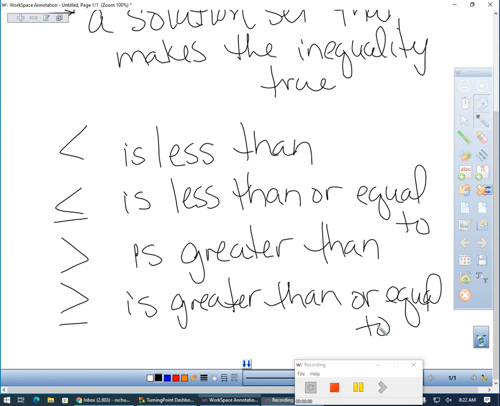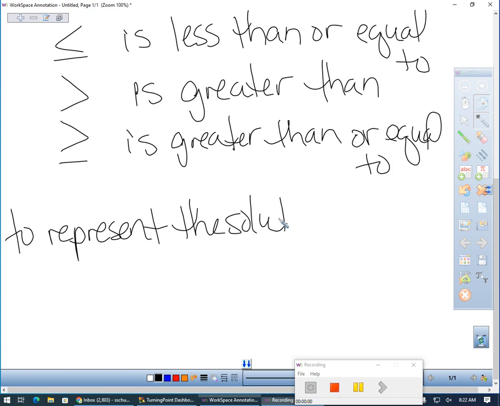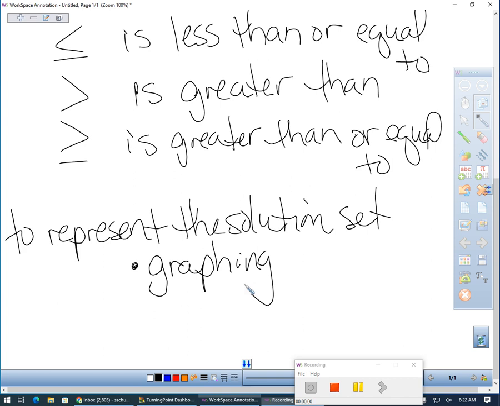We can represent their solution sets in two different ways. One way to represent the solution set is by graphing. And when we graph an inequality, that goes on the number line.